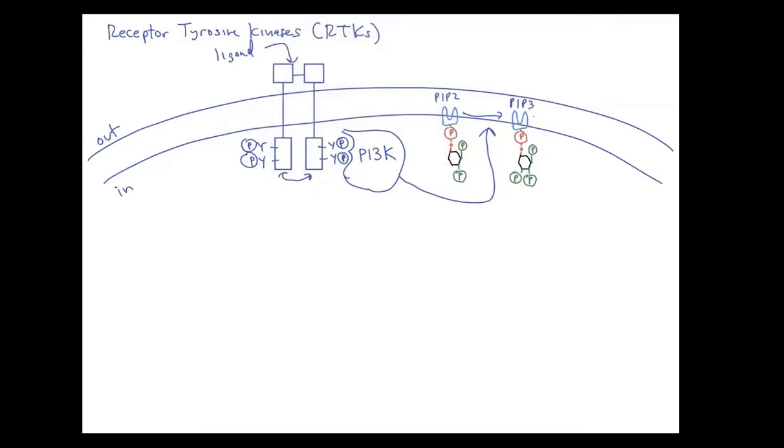Now, the reason why this is significant is that the 3 phosphate groups on this inositol serve as another anchor for other proteins that like to bind the PIP3. And we call these proteins that have these domains this pleckstrin homology domain, or PH domains. And just to keep things simple, we're just going to draw like a protein that looks like this.